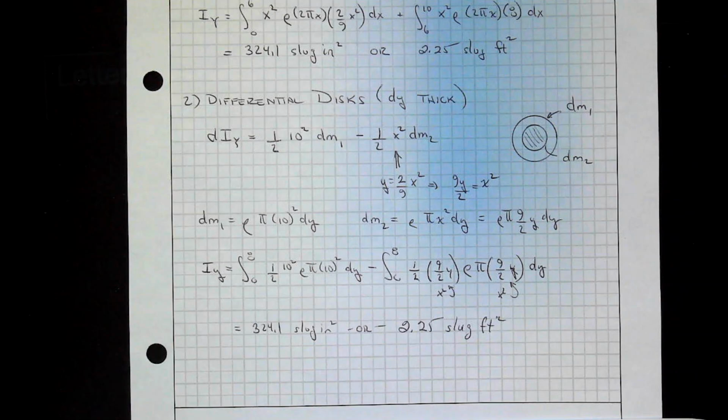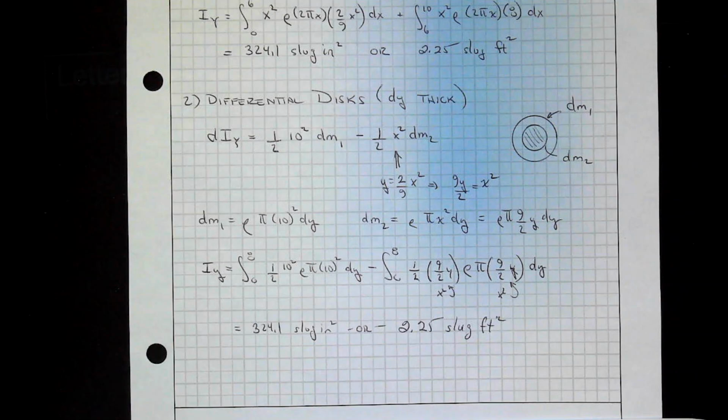Radius is 10. Then we also subtract off from 0 to 8 these are our holes. 1/2. Okay, r squared, which is x squared, is simply 9 over 2 y. Mass, rho pi r squared, 9 over 2 y again for the x squared, thickness, dy.